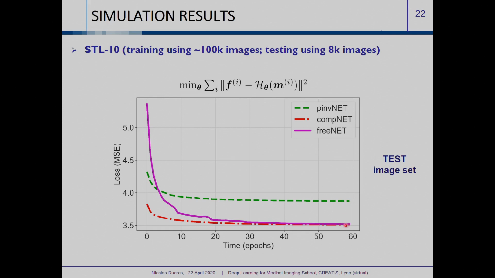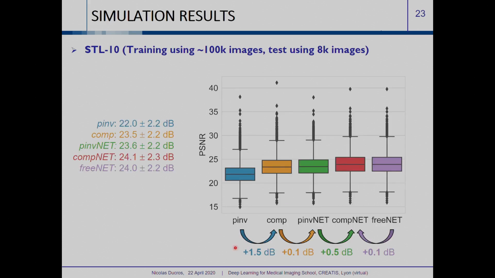fewer parameters to train. In this figure, we illustrate the peak signal-to-noise ratio for the reconstruction of all the test images in the STL10 database. We consider the three networks described in the previous slide: PinvNet, CompletionNet, and FreeNet. And we also consider the pseudo-inverse solution and the completion with the conditional expectation.